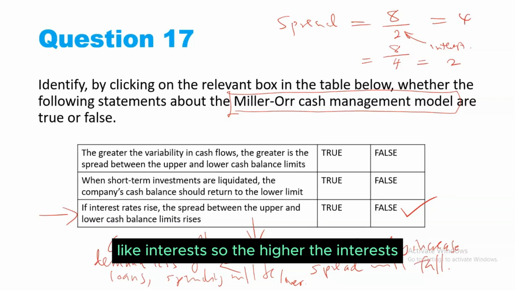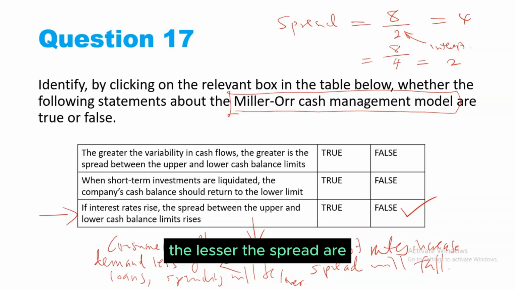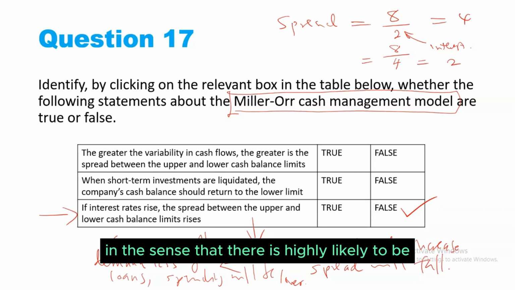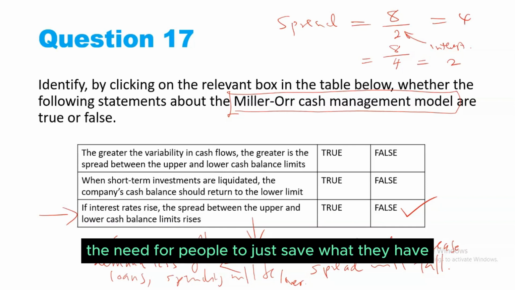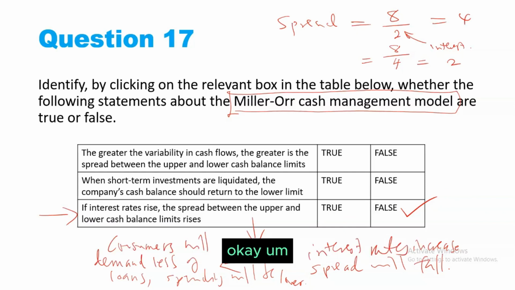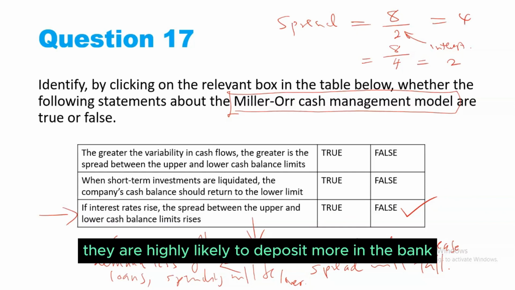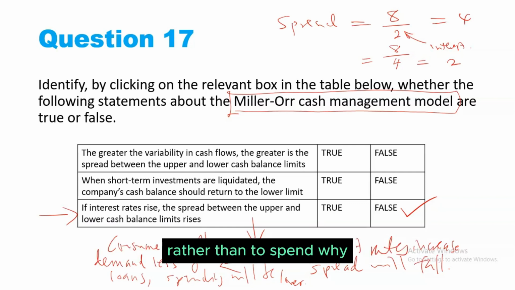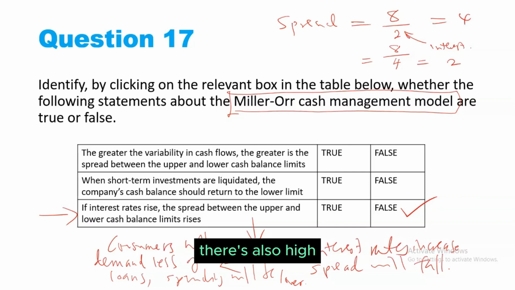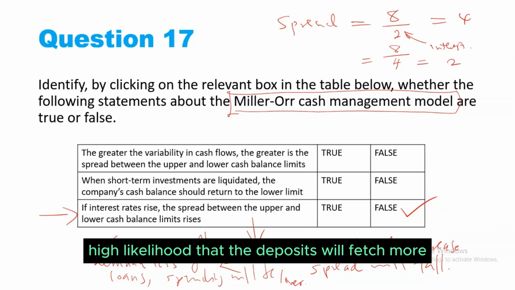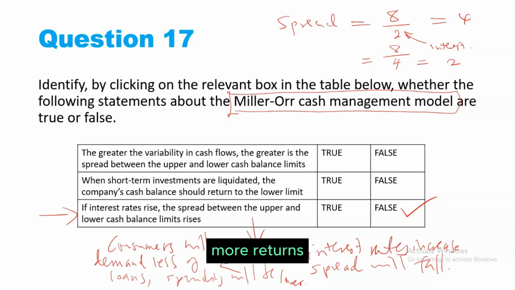So the higher the interest, the lesser the spread, in the sense that there is a need for people to just save what they have. They are highly likely to deposit more in the bank rather than to spend.